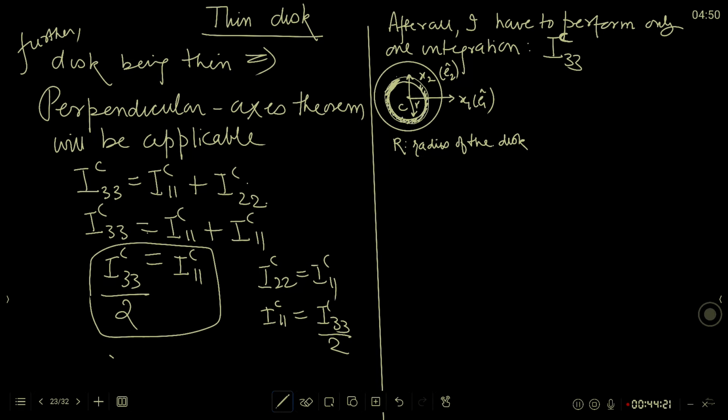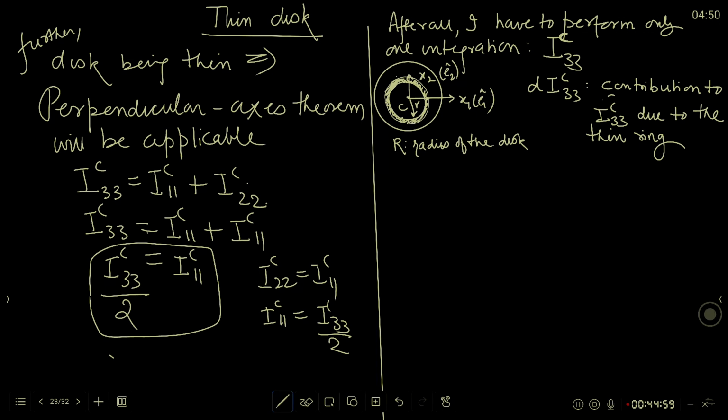Okay. I write DIC33. I define this as the contribution to IC33 due to the thin ring. You can see the whole disk as a composite body comprised of numerous thin rings like the one I have marked on the screen.